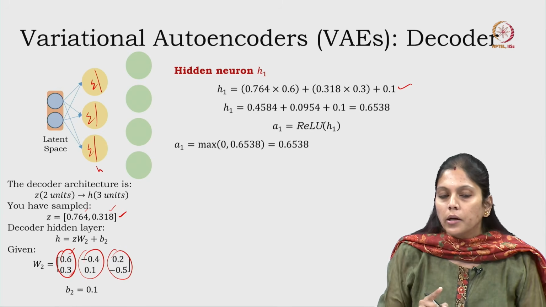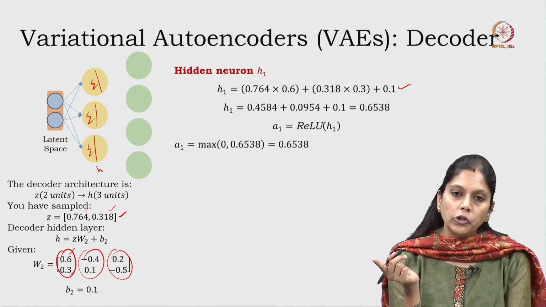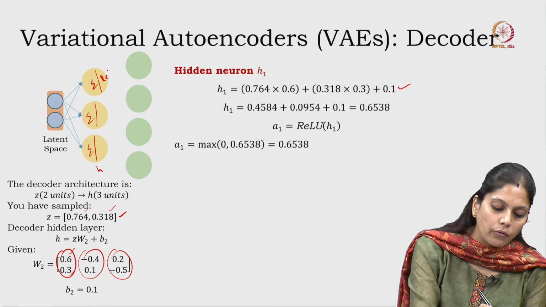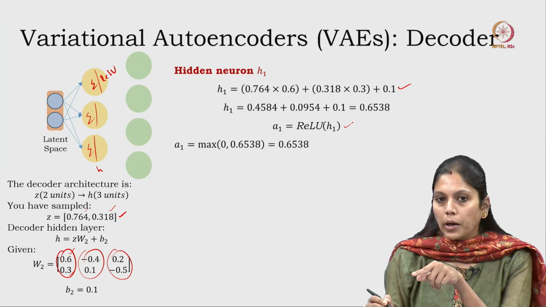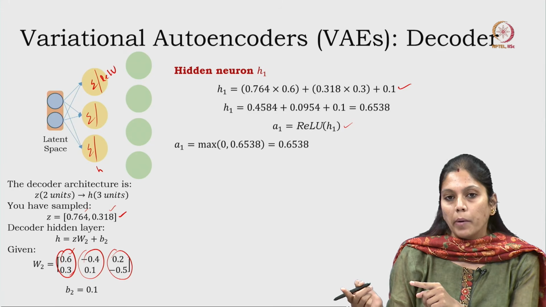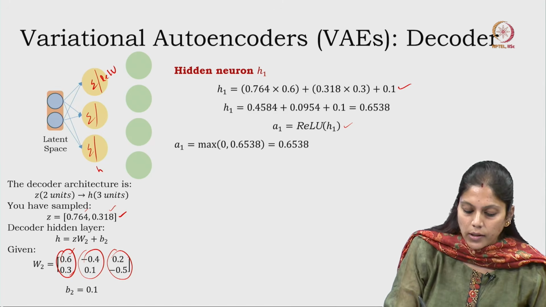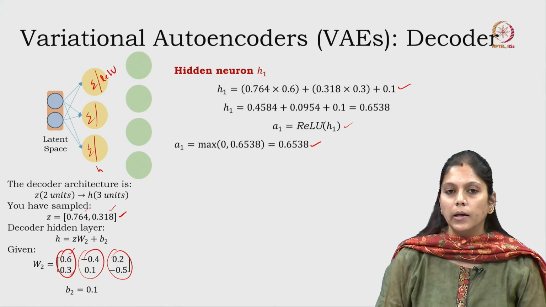Do the calculation. Because it is a hidden layer, definitely it has to be passed to an activation function. What activation function? Non-linear activation function, and we have used ReLU. So pass H1 to ReLU, which is max of 0, H1. H1 is 0.6538, so you get 0.6538. I hope the calculations are clear to you.